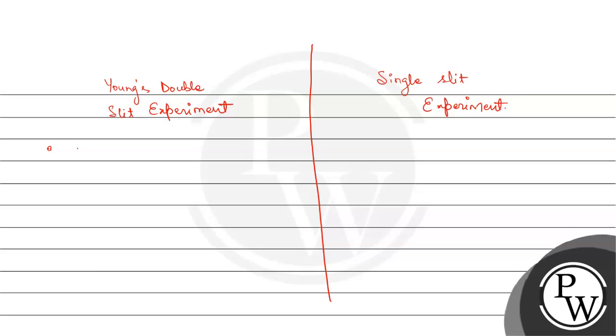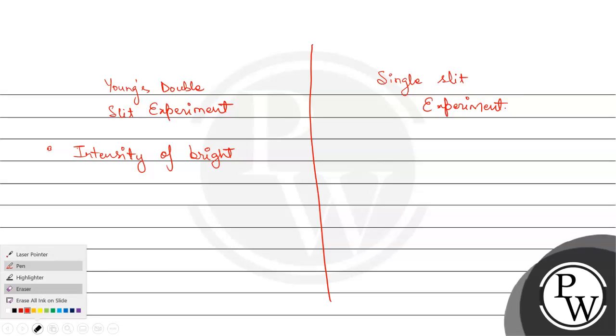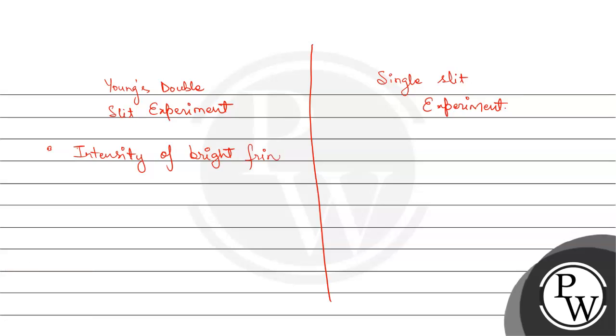So, we can write that intensity of bright fringes is equal, and in single slit experiment the intensity keeps on decreasing as we increase the order of bright fringes.